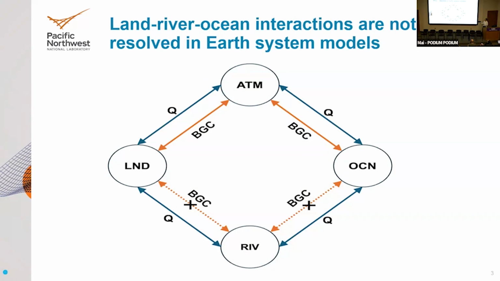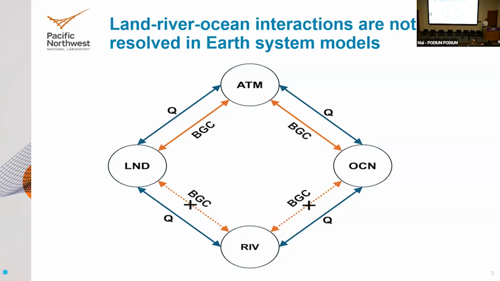This is shown in this figure, which shows how the land, river, ocean, and atmosphere are coupled in current Earth system models. The Q stands for the water cycle, and the BGC stands for the biogeochemical cycles.